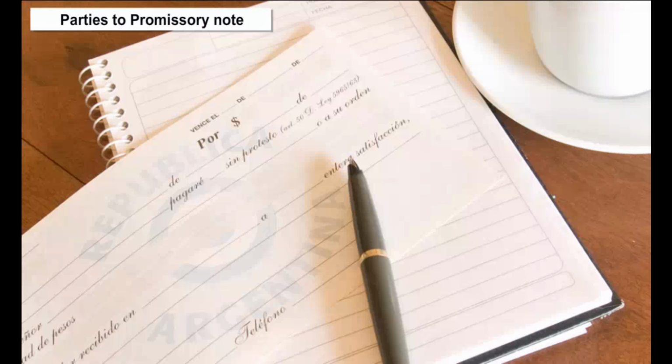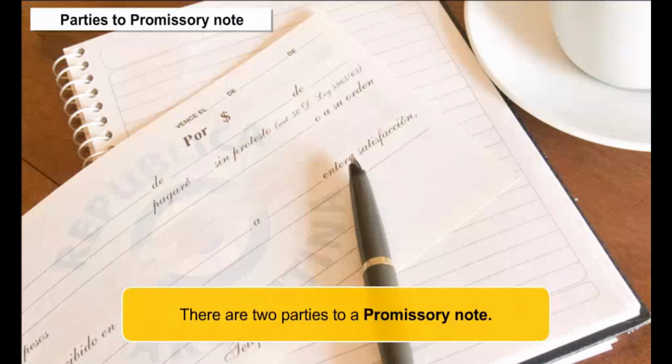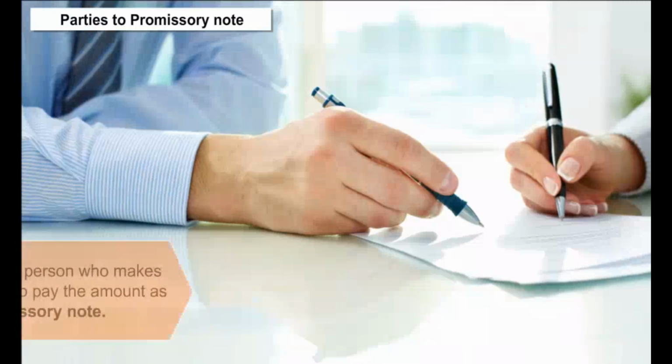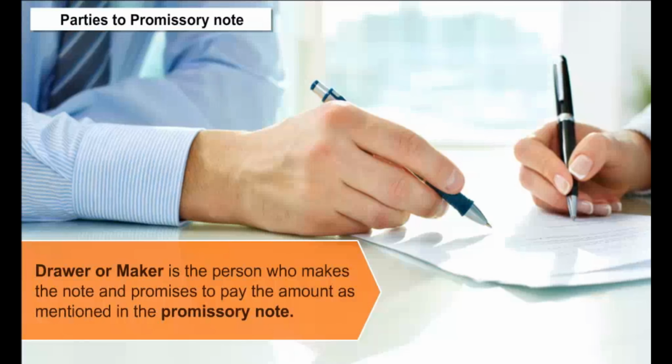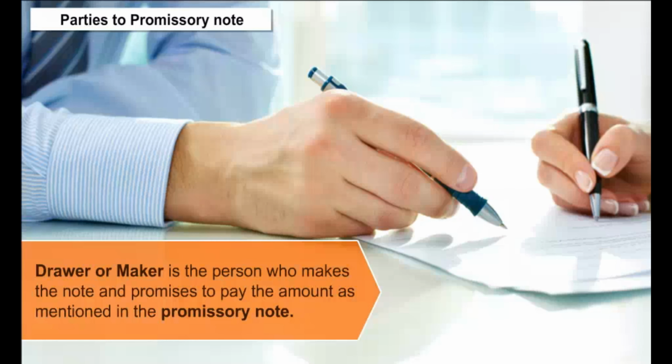Parties to promissory note. There are two parties to a promissory note. The drawer or maker is the person who makes the note and promises to pay the amount as mentioned.